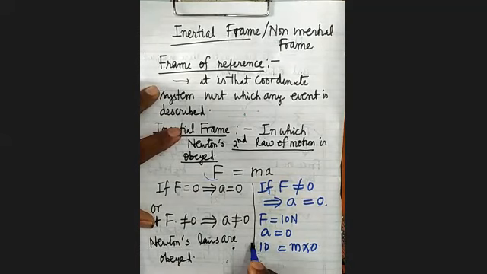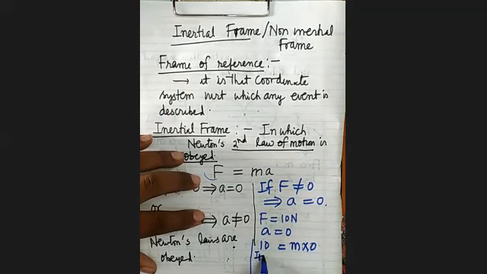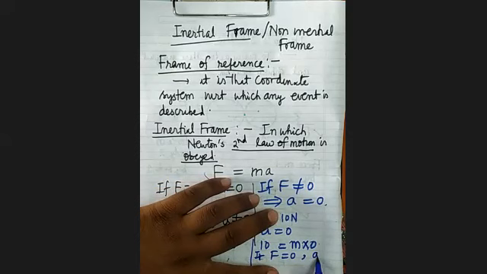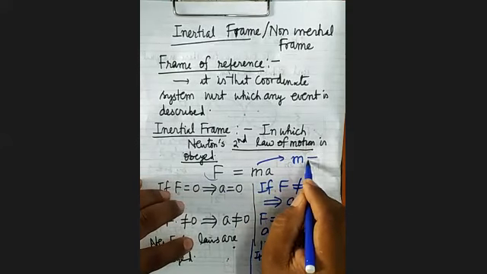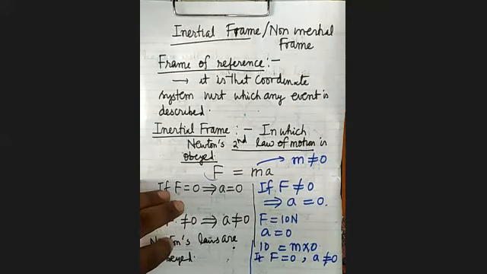Now see here, similarly, if F is 0 but acceleration is not 0. As we know, mass can never be 0, because if mass becomes 0, it means the body does not exist. Is this clear?